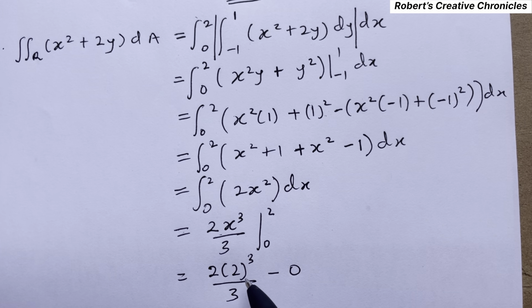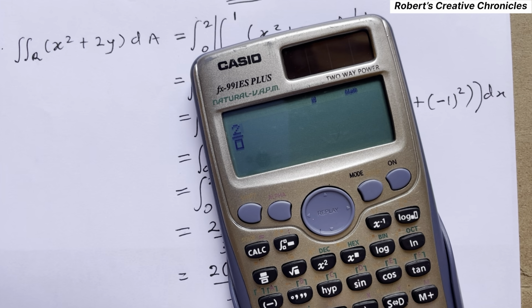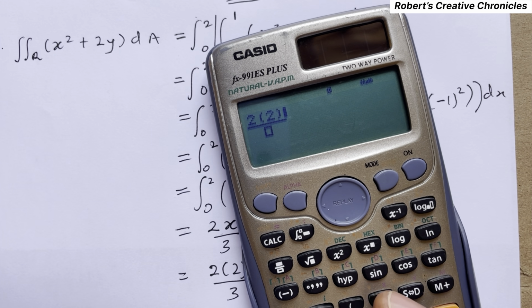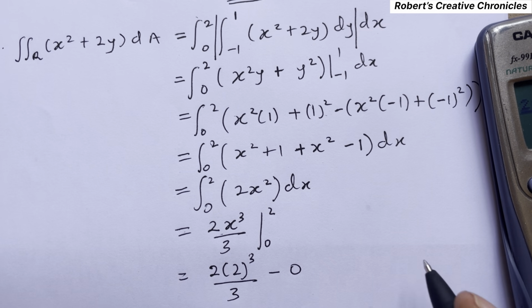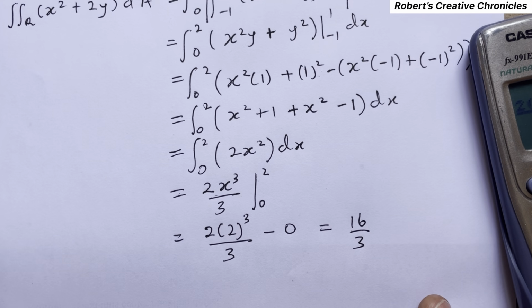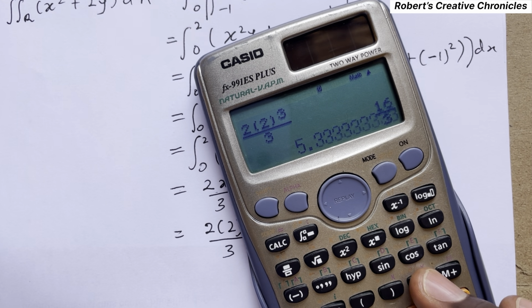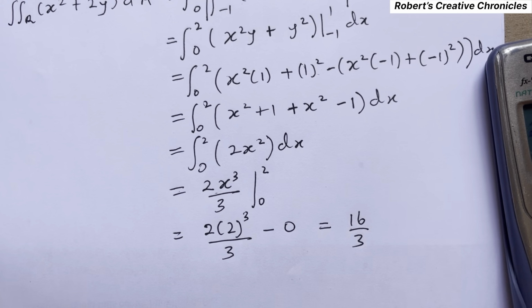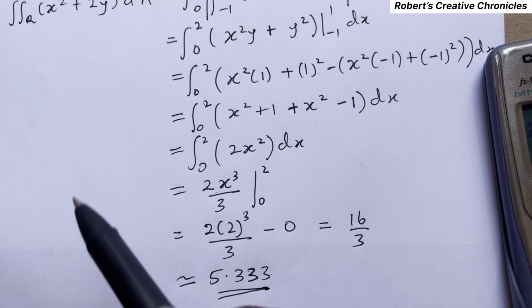So we can use a calculator. 2 cubed over 3 becomes 16 over 3, which is 5.33. So we can see that this is equal to 16 over 3. If you want the answer in decimal form, you can say it's 5.333, so this approximately equals 5.3. So this is the answer for the second multiple integral.